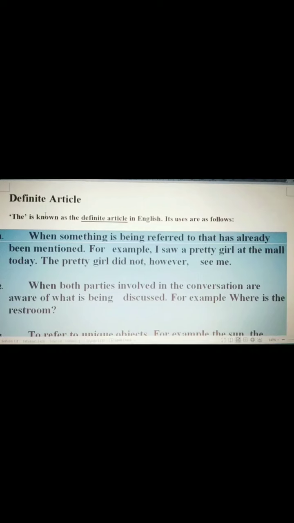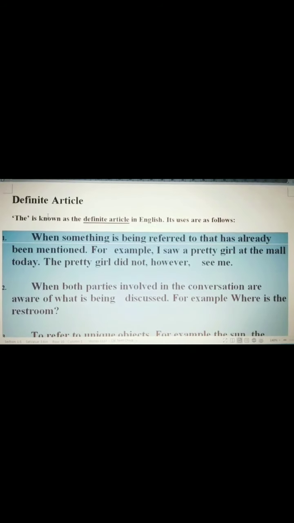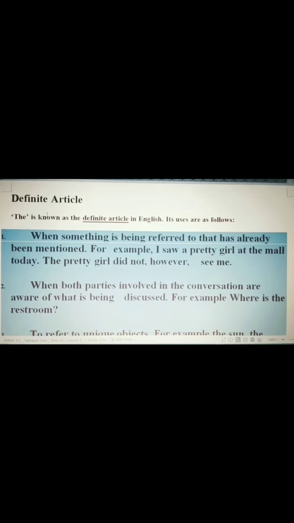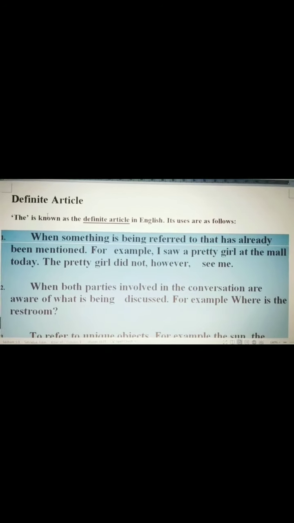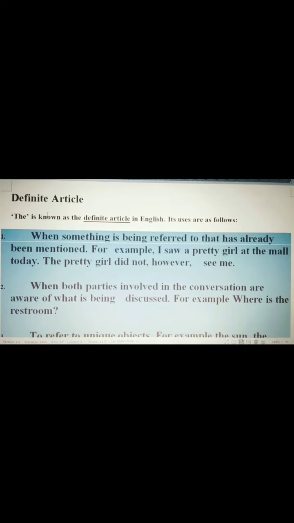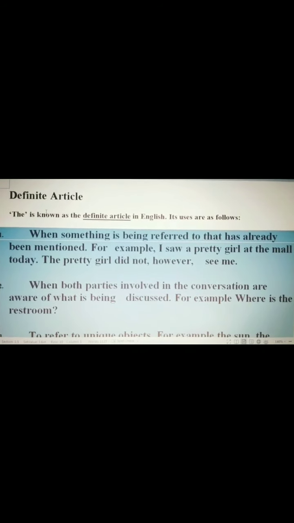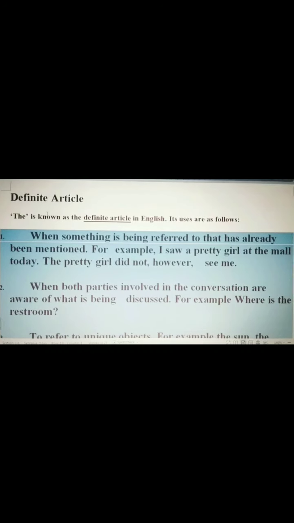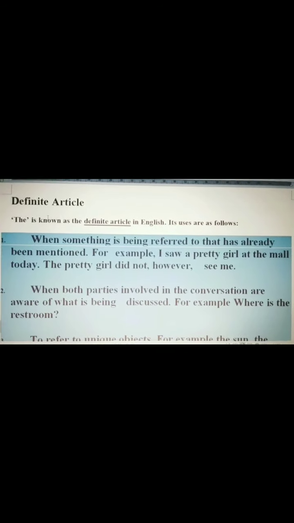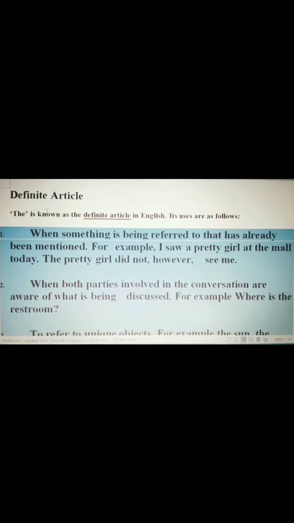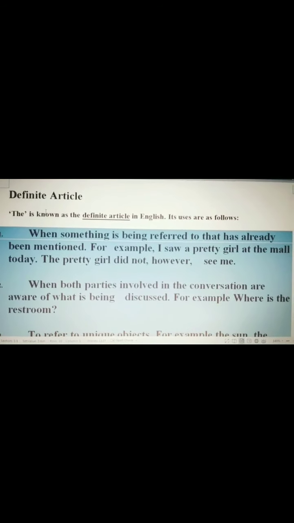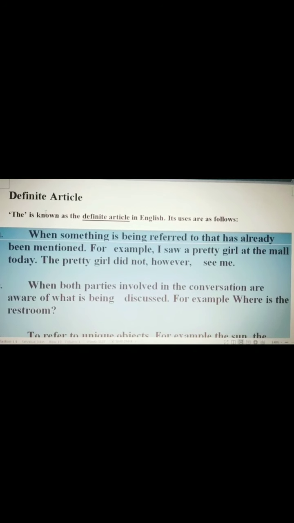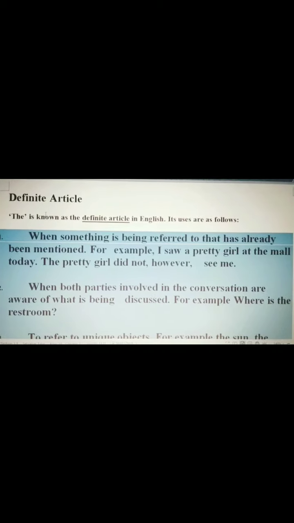For example, just look at the example here: I saw a pretty girl at the mall today. Clear? You have mentioned the girl in the first sentence, and now look at another part of this: The pretty girl did not, however, see me. So when you mention that same girl, you have used the with that. So I hope this point is clear.